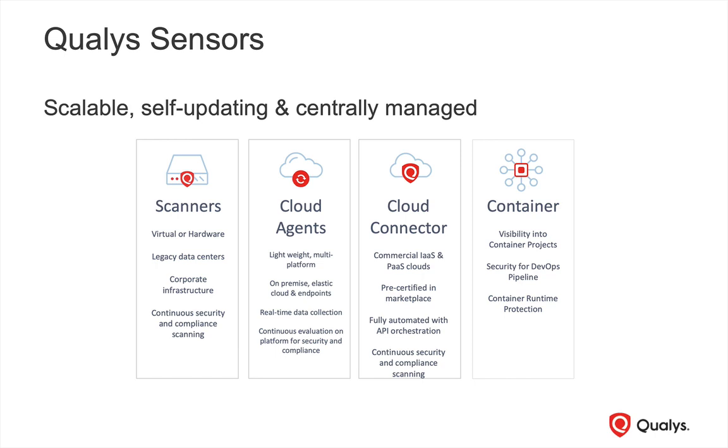Now, taking this a step further, we have cloud agents. Cloud agents are very useful in helping us gather inventory. We can include them as part of our golden image within cloud architectures, so that anytime we spin up an instance off of an image, we'll know about that asset that's been deployed. We can deploy it on remote endpoints.